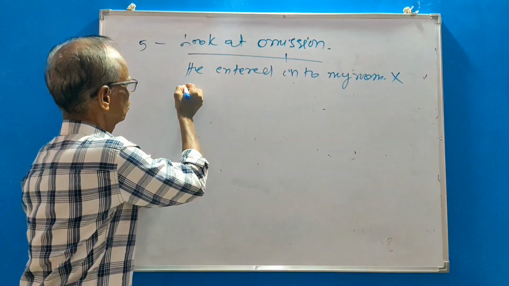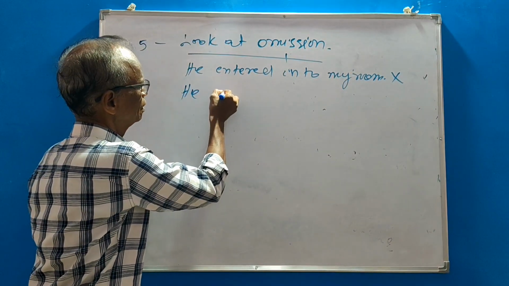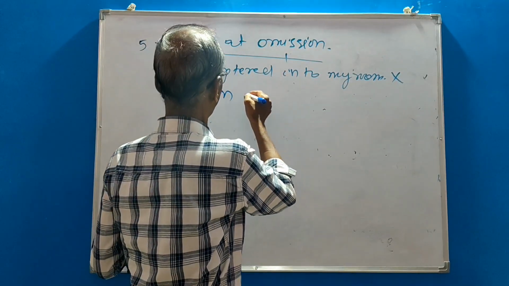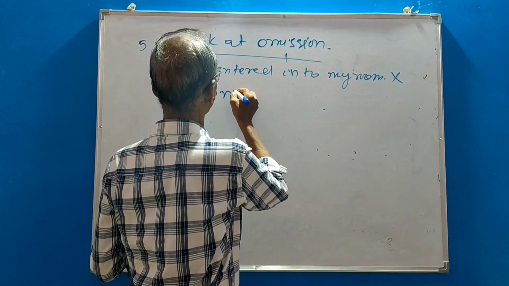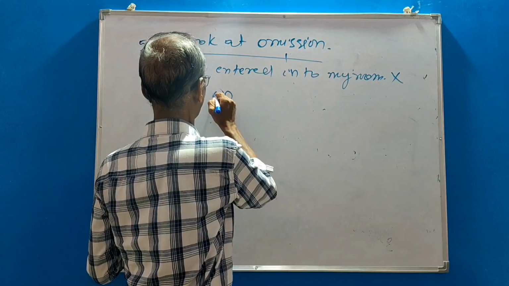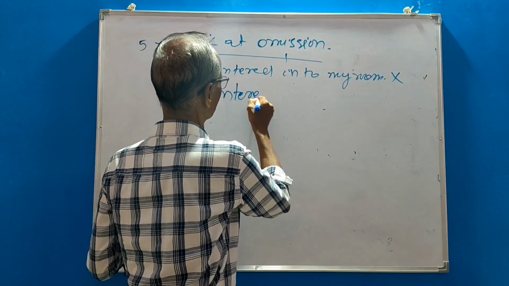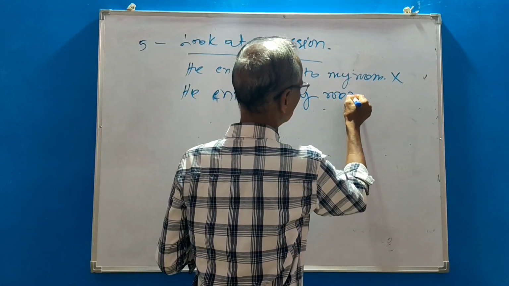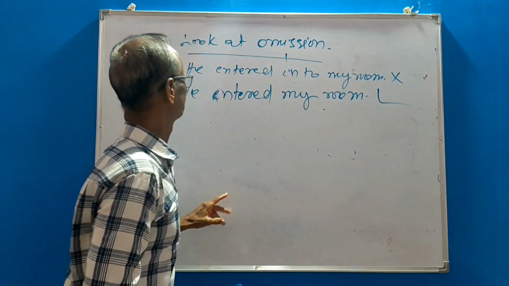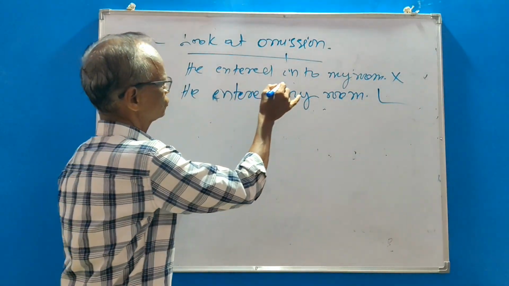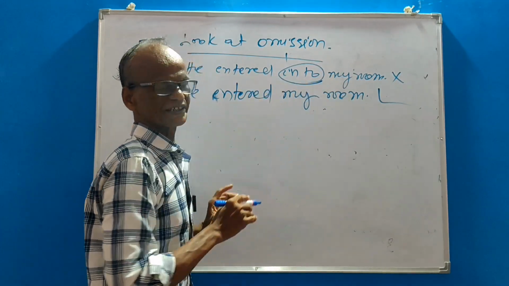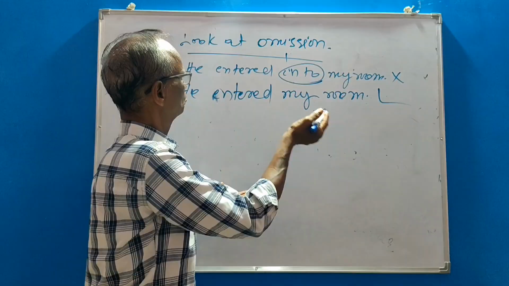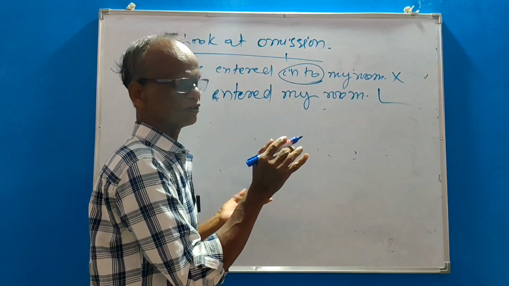"He entered my room." It is correct. So "into" is not necessary; you omit it. He entered my room is correct; he entered into my room is incorrect.